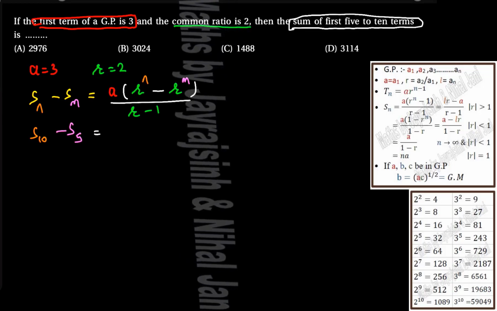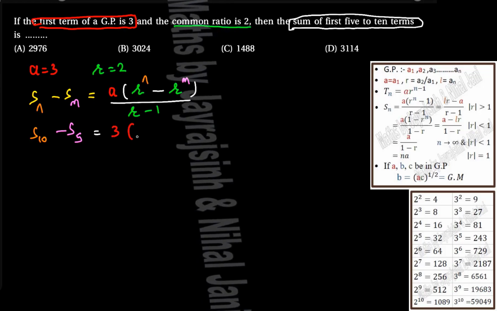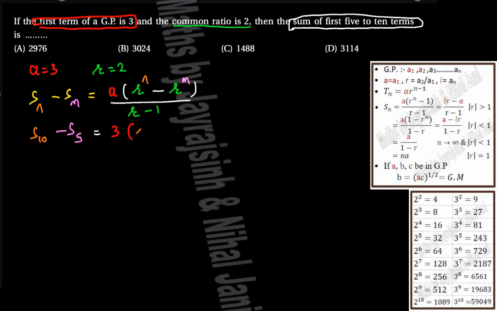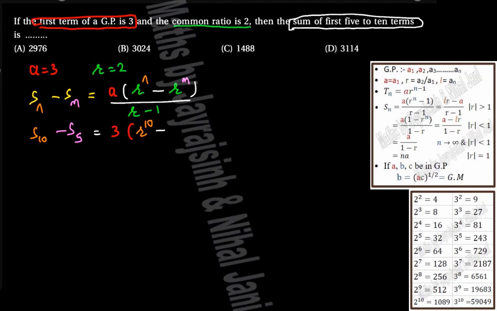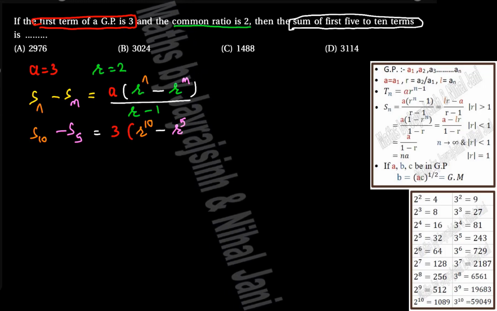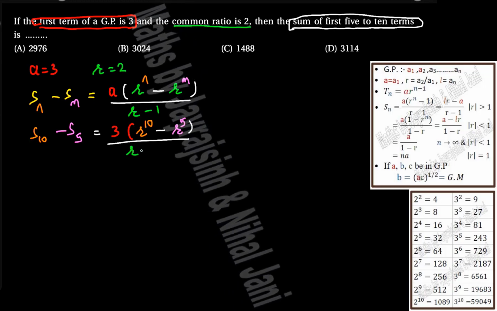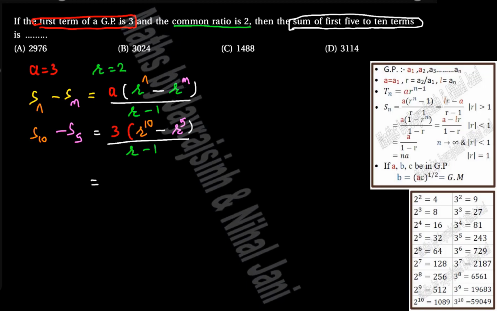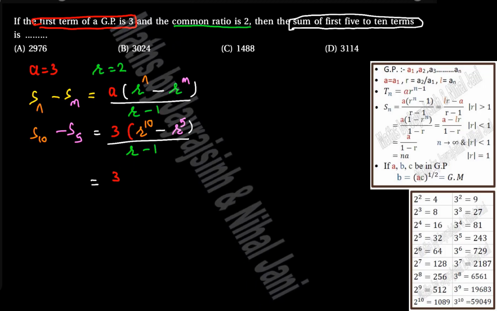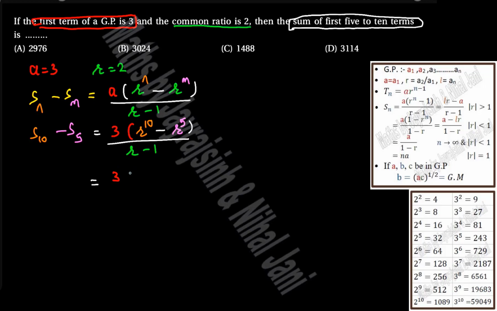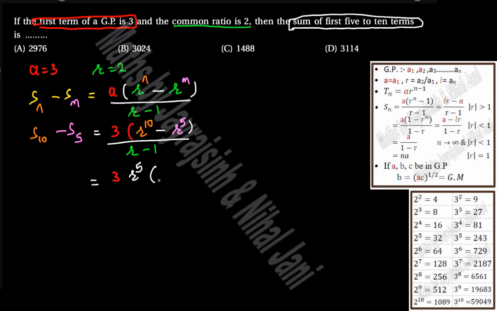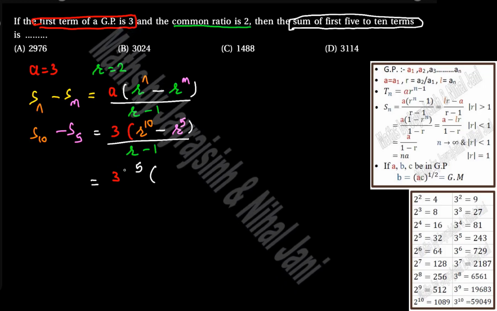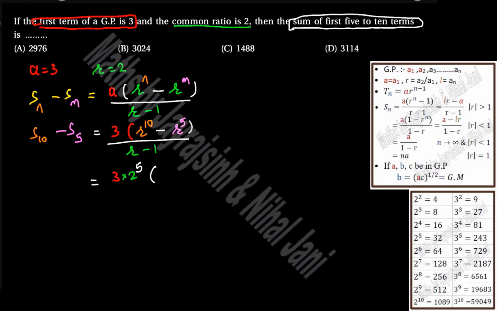Now we know that we have to find S10 minus S5. So, if we substitute the value of A, which is 3, we'll get R raised to 10 minus R raised to 5 upon R minus 1. Now, in further simplification, from the numerator, we can take R raised to 5 common, where the value of R is 2.